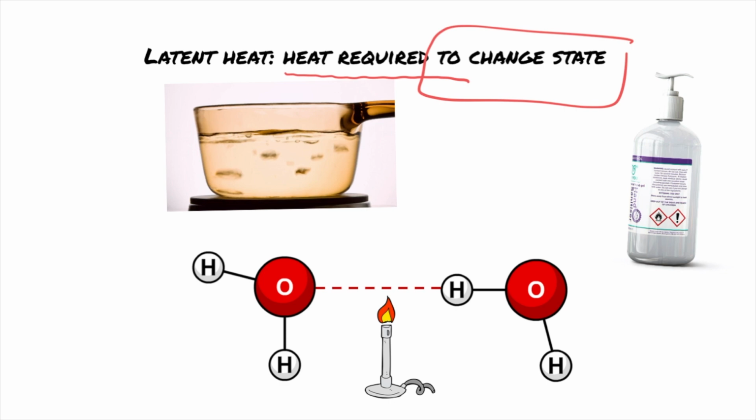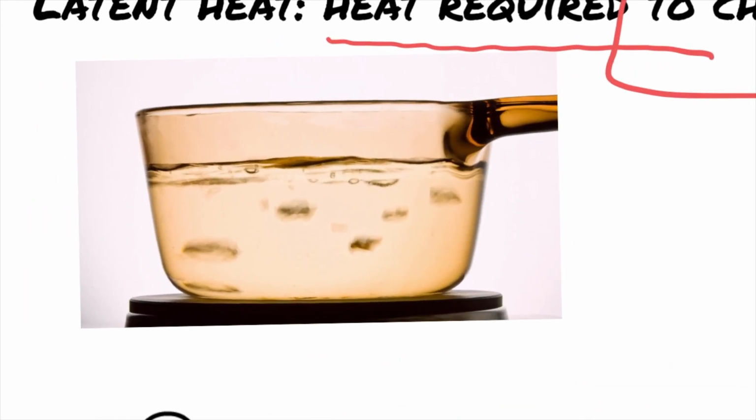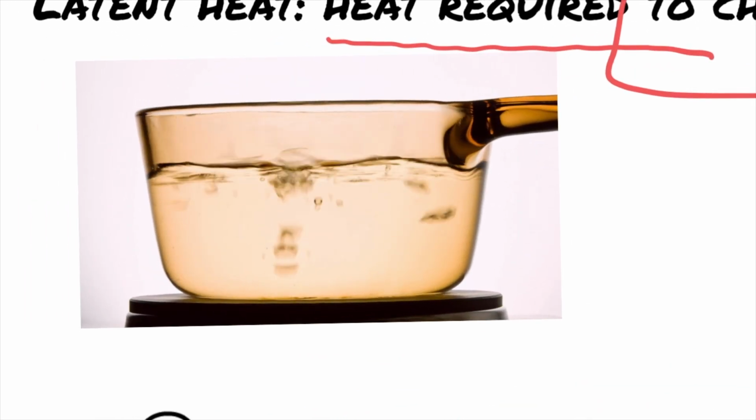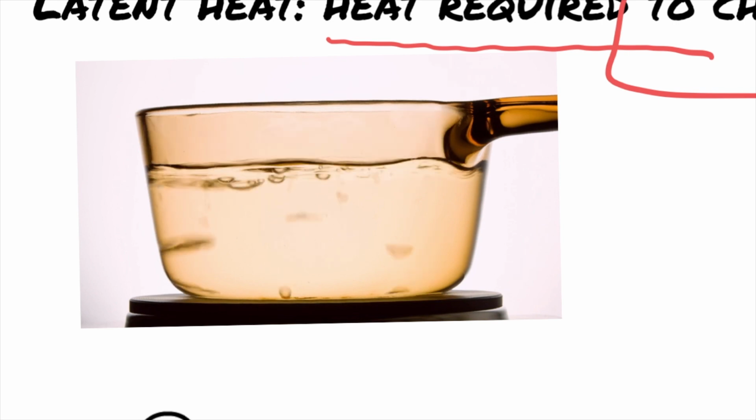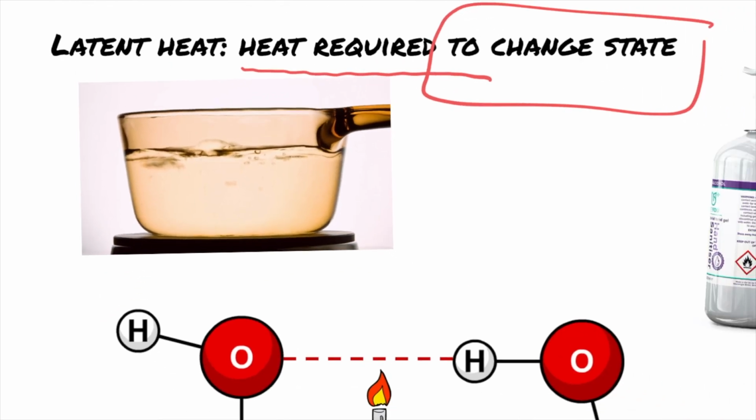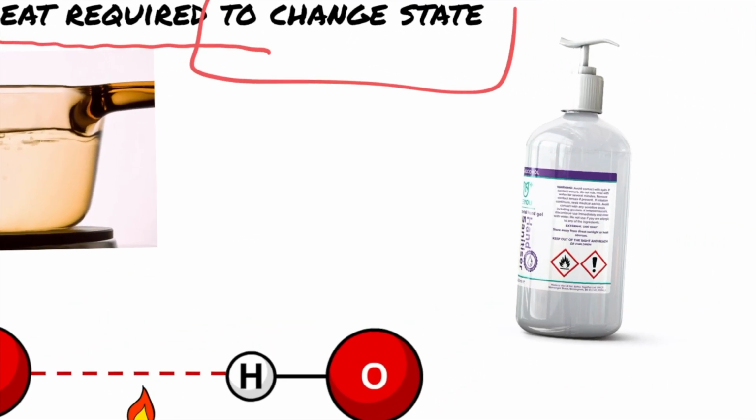So it takes a lot of heat to turn water into the gas phase. That's not the case for other liquids. Think of ethanol, alcohols. Alcohols have a much lower boiling point, or it takes less heat to turn alcohol into a gas than in the case of water.